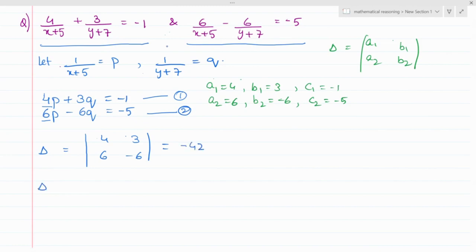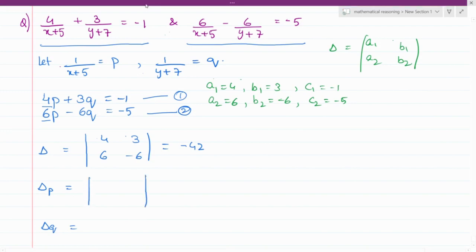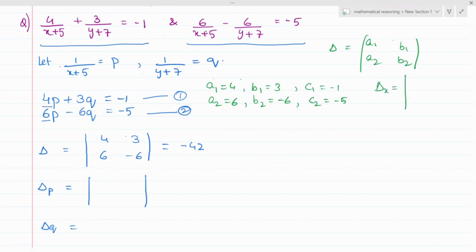Next we need to find delta p, because in these equations p and q are the variables. So instead of finding delta x and delta y, we need to first find delta p and delta q. In Cramer's rule we have seen, delta x is written with c1, c2 in place of the coefficients of x, and b1, b2.